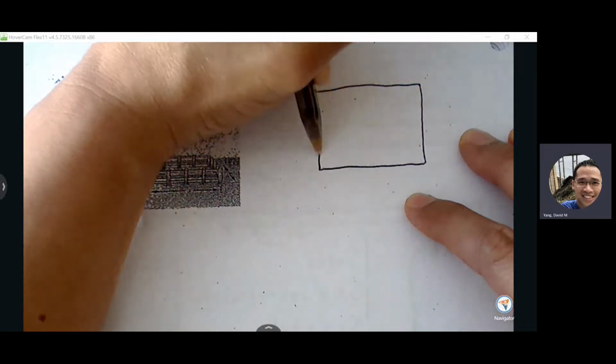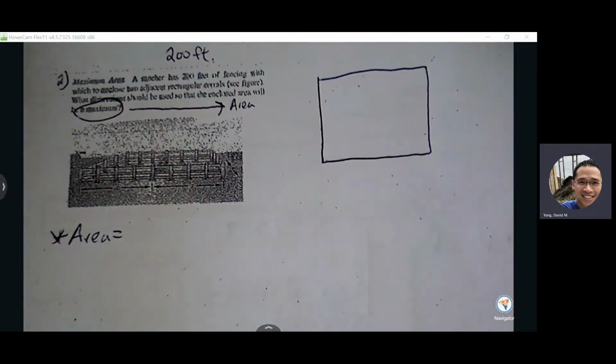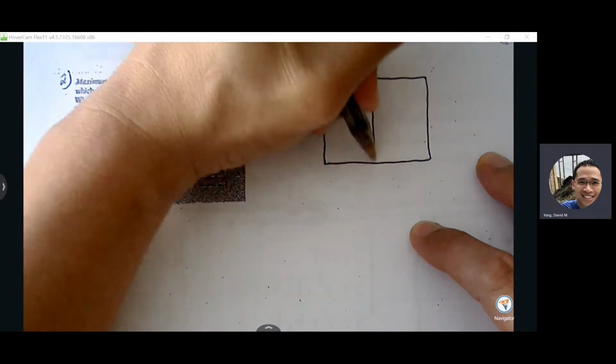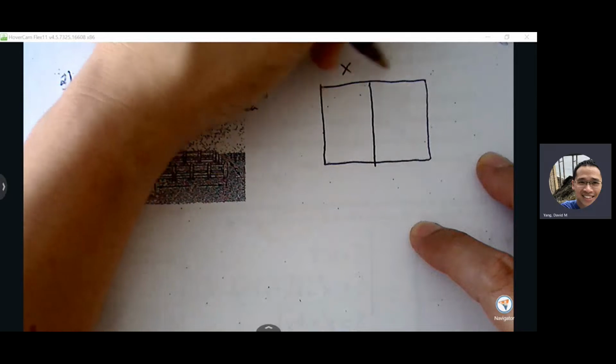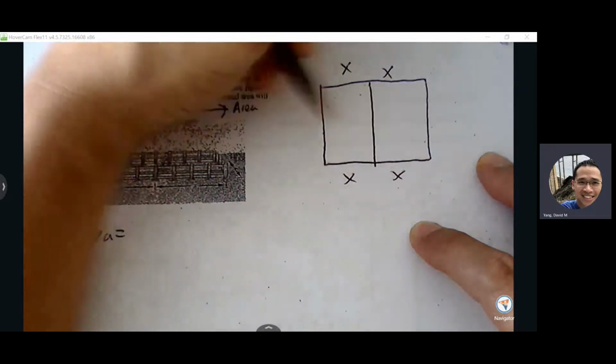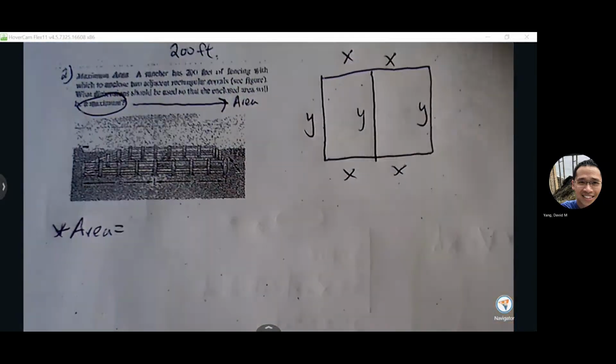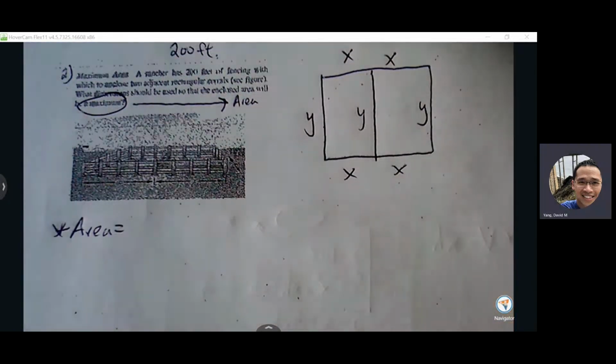Let's do a 2-dimensional picture of what you see there. And it's hard to see those variables, but it's going to be x along the horizontal and then y along the vertical. Okay, so area.